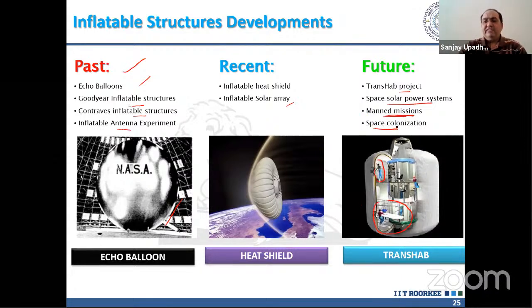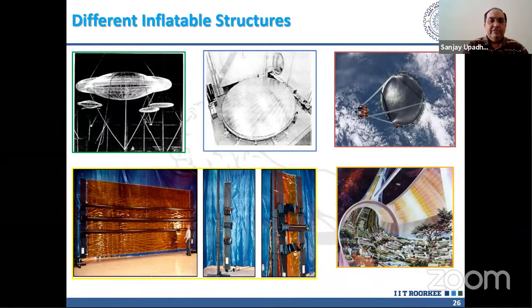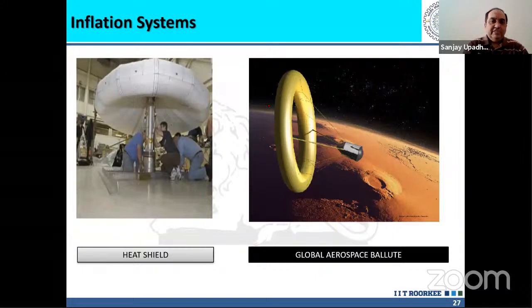Everywhere, this inflatable technology is very useful and essential when we are implementing it in our space missions. There are different inflatable structures, and a number of inflatable structures are available in the literature. This is the inflation system, the heat shield.